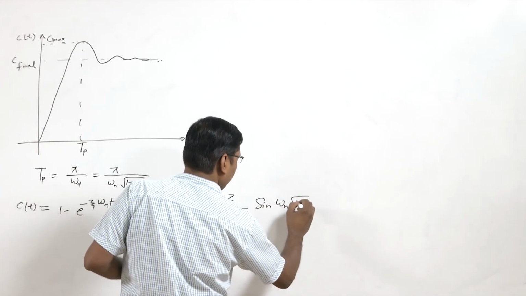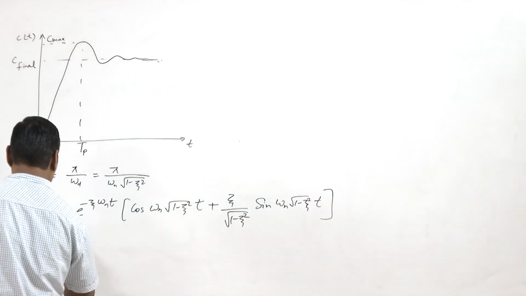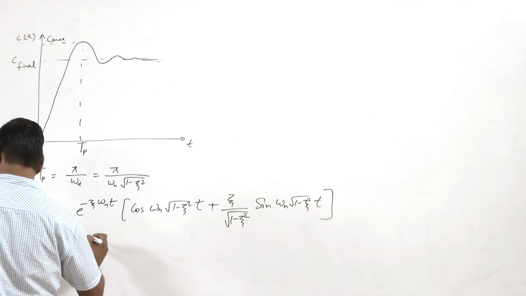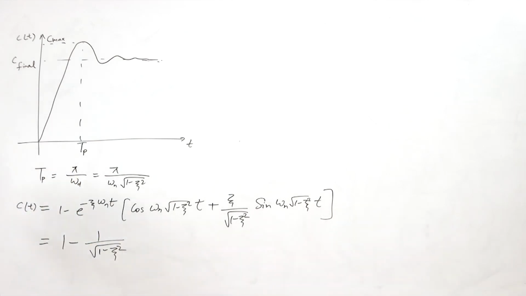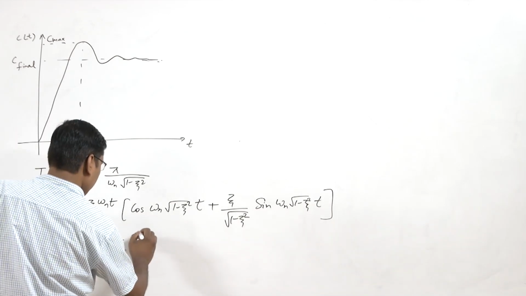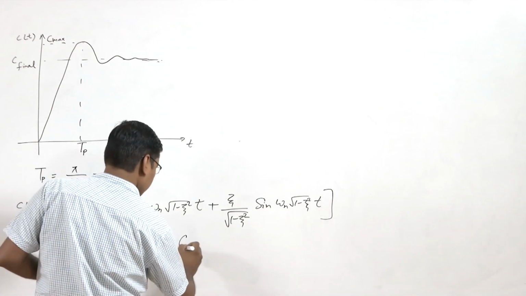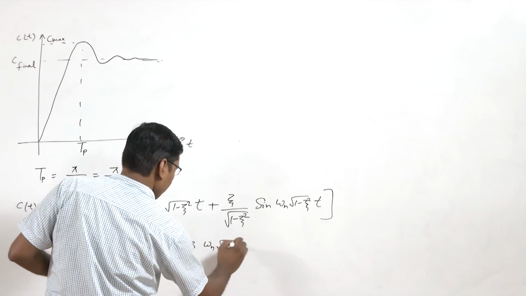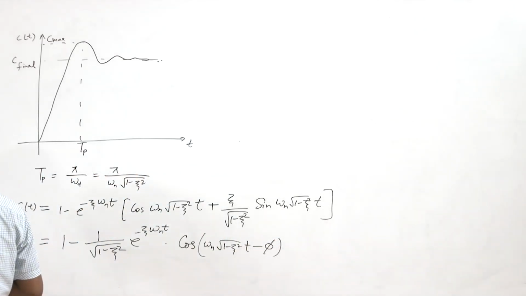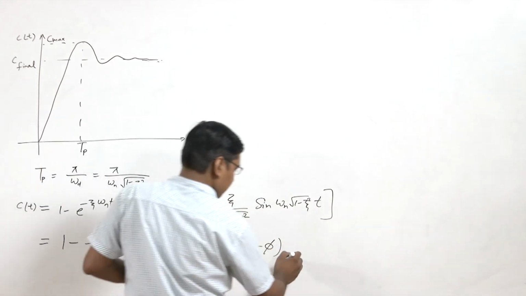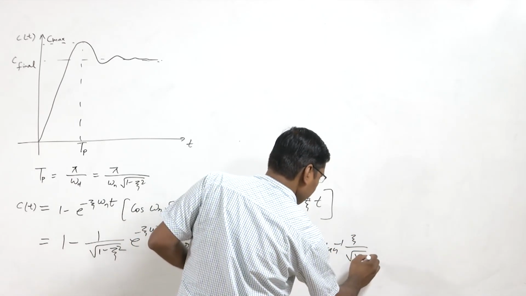or this we could also write as 1 minus 1 upon root 1 minus zeta square into e power minus zeta omega n t into cos of omega n root 1 minus zeta square t minus phi, where phi is tan inverse zeta upon root 1 minus zeta square.